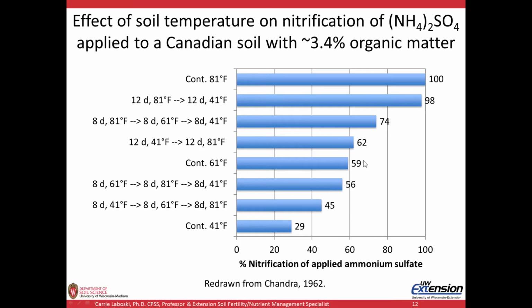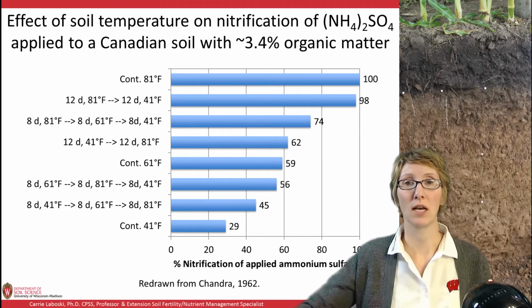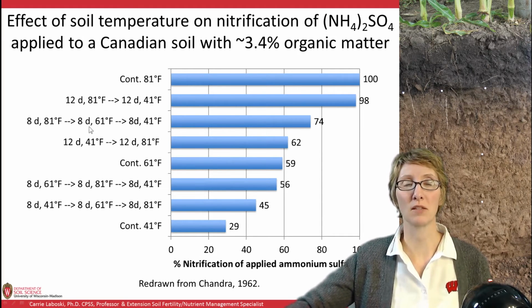Here we got about a 50% difference in the nitrification process, whether we're in a cooling trend or a warming trend. So this is really suggesting that in fall applications of nitrogen, we really want to wait till soil temps are below 50 degrees to start limiting some of our nitrification, because if we're in a cooling trend and we're not quite there, we could still be nitrifying a lot.